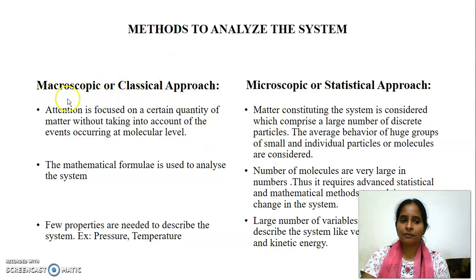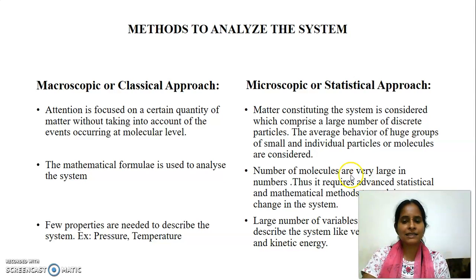We can take macroscopic and microscopic, two types of analysis. Microscopic analysis comprises a large number of discrete particles, and the average behavior of huge groups of small, individual particles has to be considered.